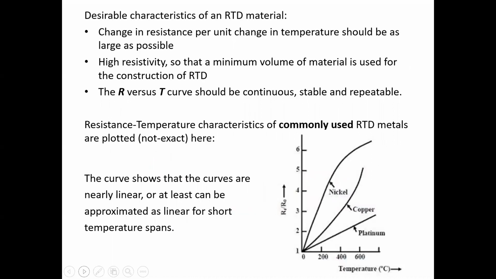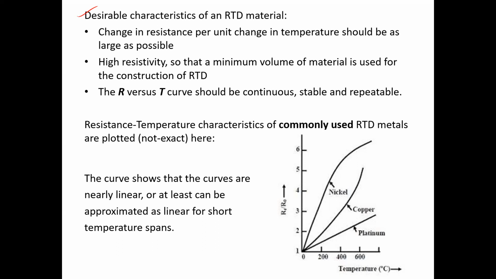Now, the materials that are going to be used to construct the RTDs should have some desirable characteristics that will allow the measurement done by the RTD to be accurate. So what are those characteristics? That is, the change in resistance per unit change in temperature should be as large as possible.